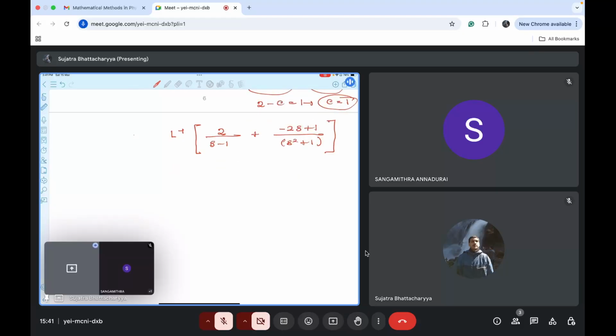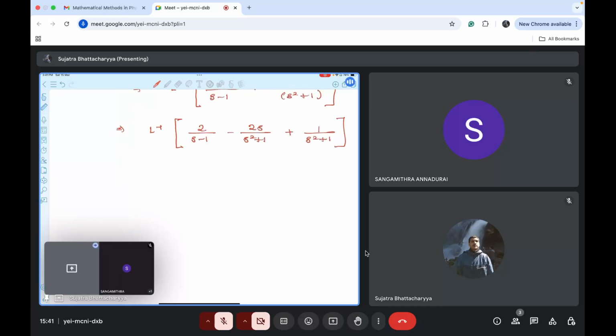So what we will do is try to solve more. 2 upon s minus 1, then minus 2 s upon s square plus 1. Look, we have reduced it into the cos form, plus 1 upon s square plus 1, the sine form.